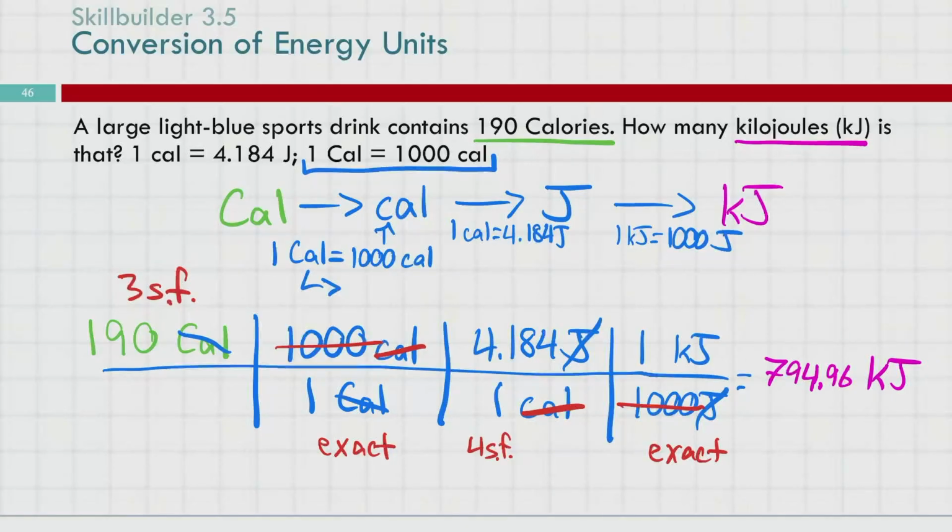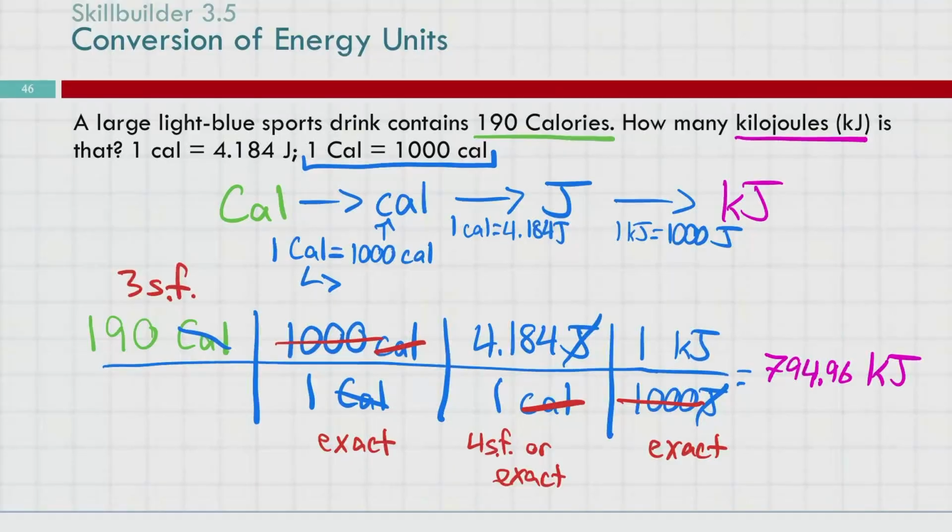But worst case scenario, it's 4 sig figs. I just don't remember off the top of my head. Either way, we're using our original 3 sig figs for our answer. Looking at the 9 to see how we round, this rounds up. 795 kilojoules. Final answer.